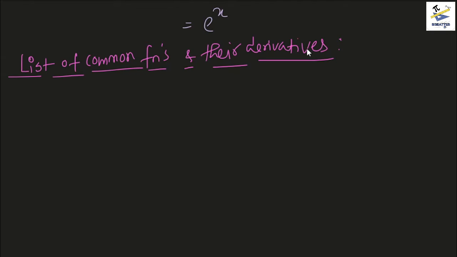The more we learn about the chain rule, the better. Derivative is usually written as d dx, where x is the derivative variable, and in brackets we write the function which we are differentiating. So this is the format that I am also going to use.